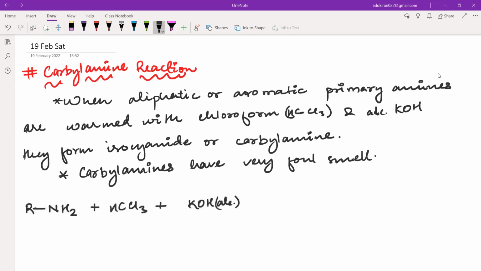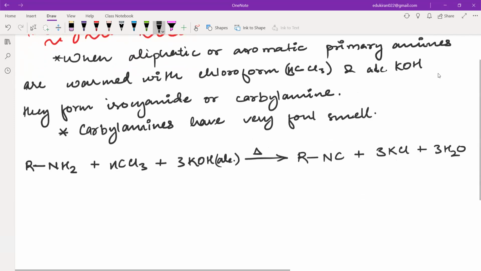Basically, whenever you say alcohol, it is meant to be ethyl alcohol. And when you heat it a bit, that means you just warm it, you will get RNC, that is isocyanide, plus 3KCl plus 3H2O. If you balance this, you'll need 3 moles of KOH. Is this clear, yes or no?